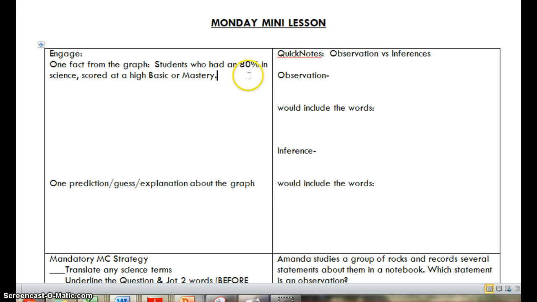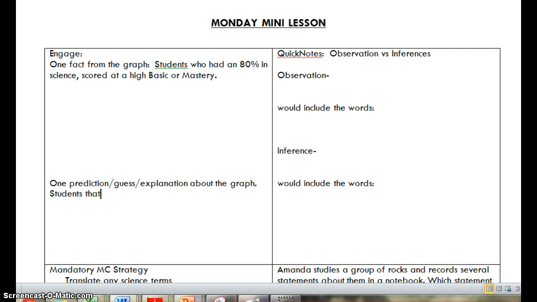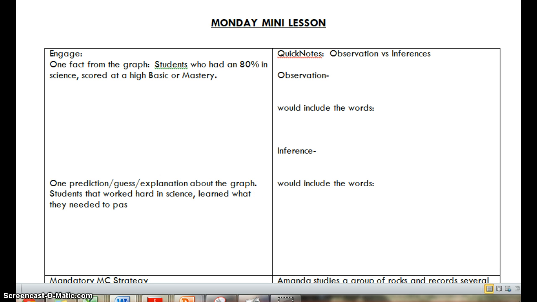So that's just an observation that we saw from the graph. So how can we explain that? Well, students that worked hard in science learned what they had to pass the LEAP. So that could be one example.